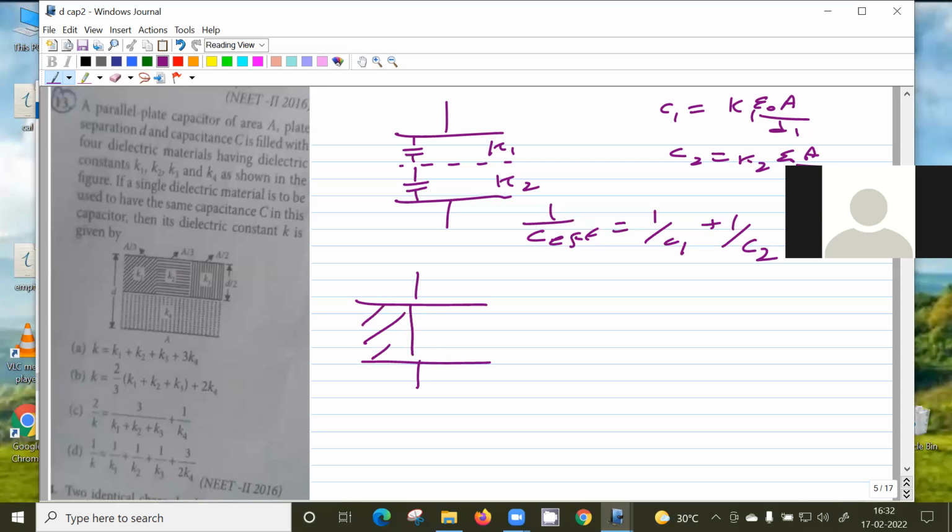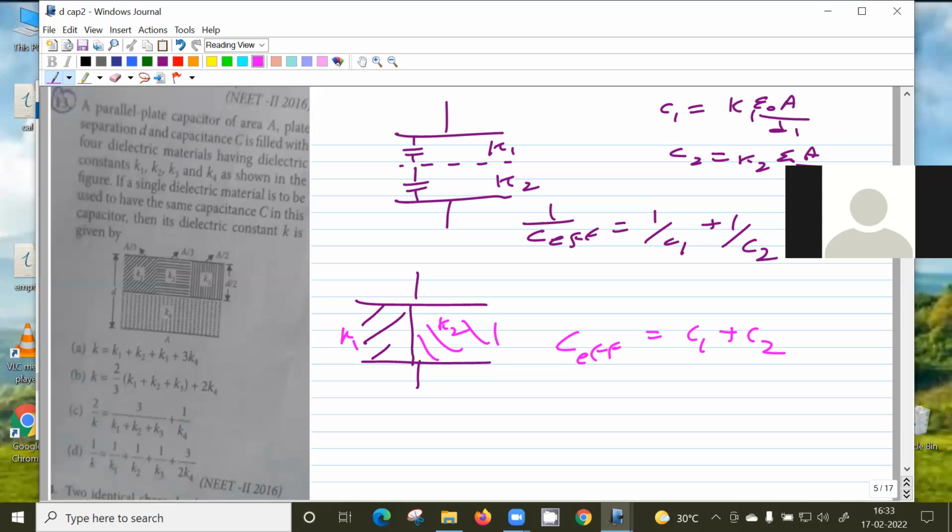Similarly, if I have a capacitor plate like this, with dielectrics like this, here the capacitors will be in what combination? This is K1 and this is K2, so this is say C1 and C2. Here C effective will be C1 plus C2.